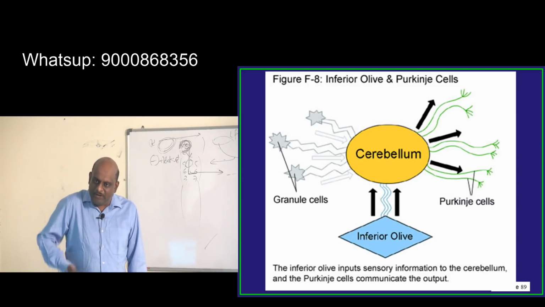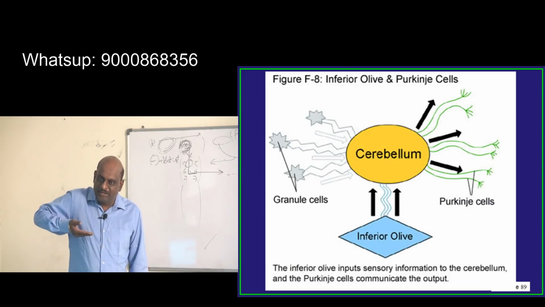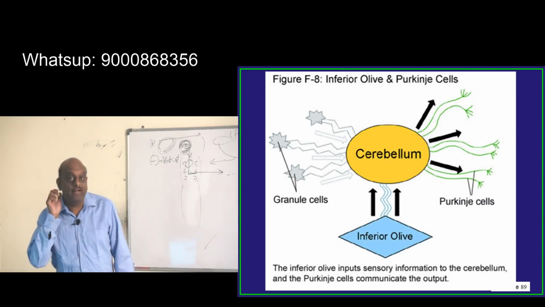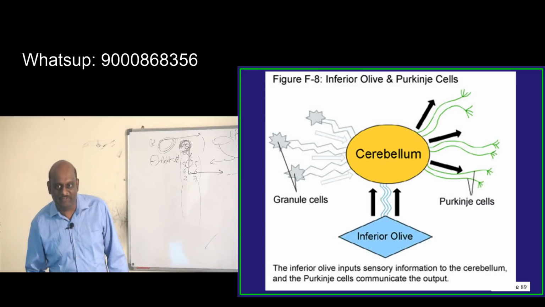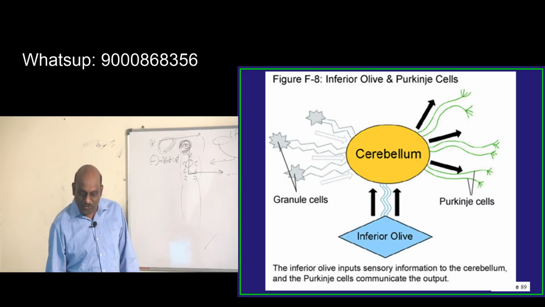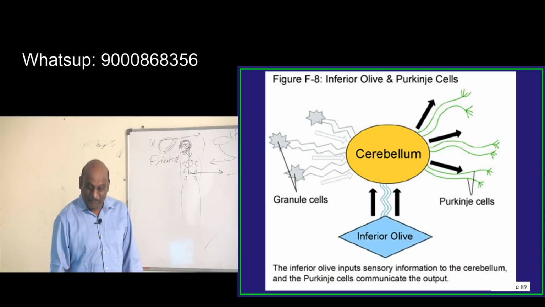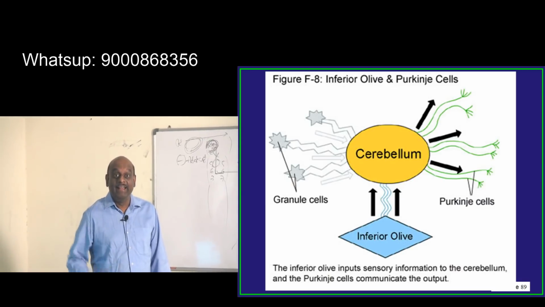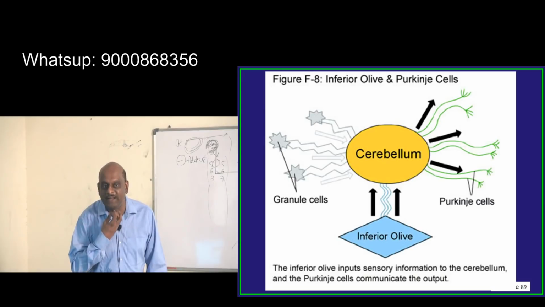Dorsal column, spinothalamic tract bringing touch, pain and temperature, they all reach the medulla. There they will tell in the ear of the inferior olive that, hey, this fellow is walking, skating, now he has come to the Himalayas, there is snow under his feet. That it will tell to the inferior olivary nucleus in the medulla.